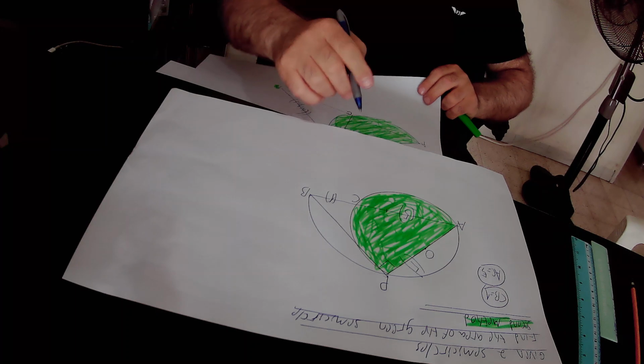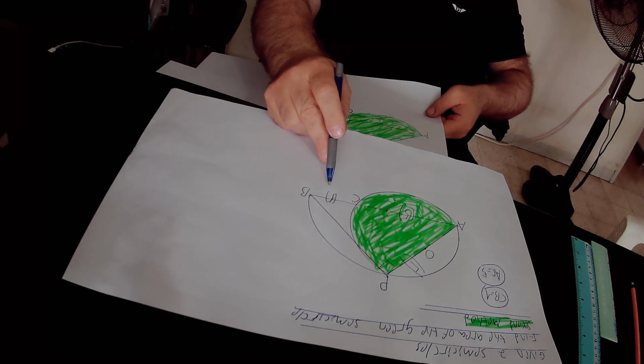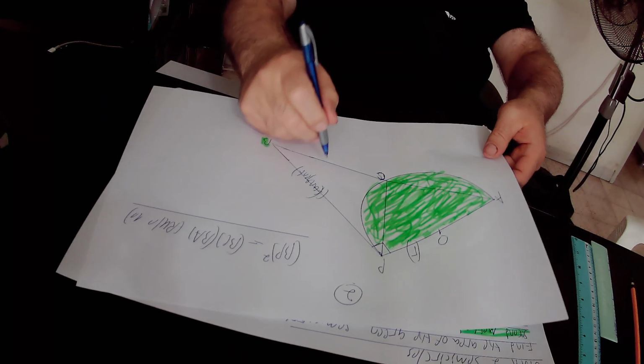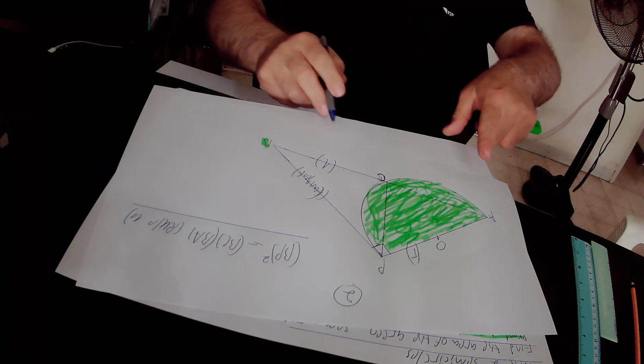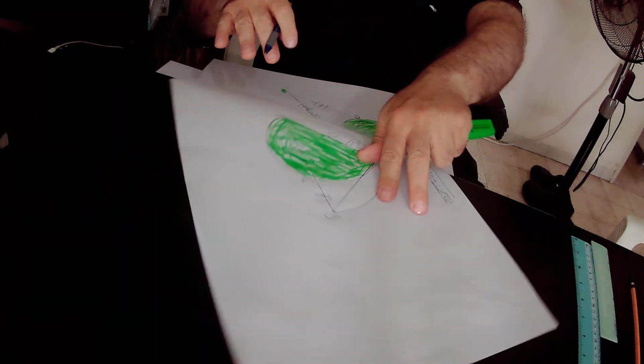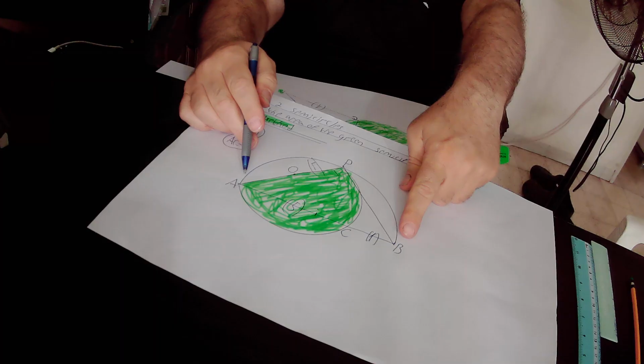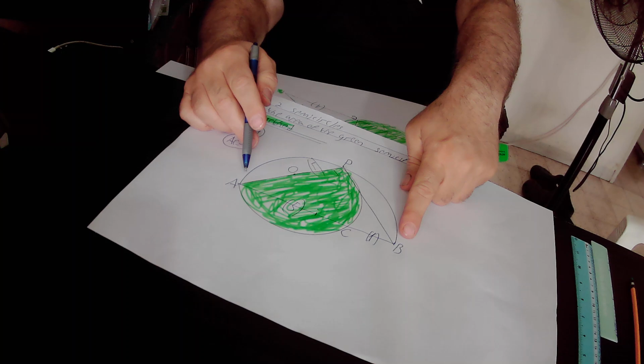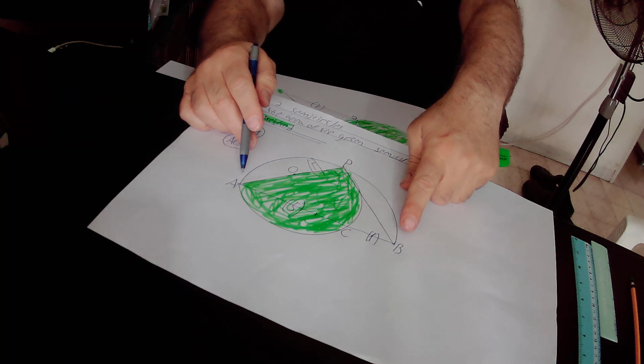It's given that BC equals 1 unit in its length. And AB in total equals 5 plus 1, that is 6.